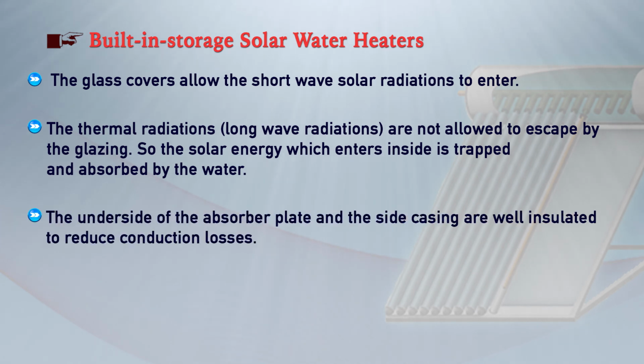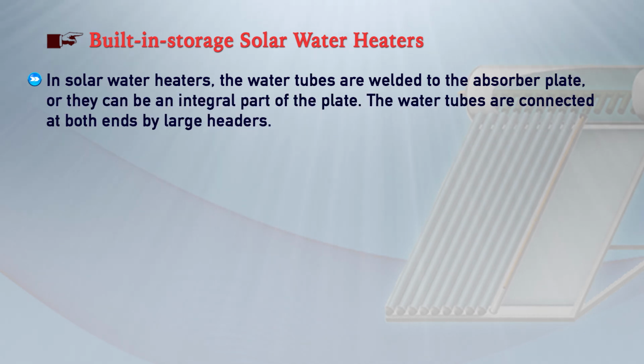The underside of the absorber plate and the side casing are well insulated to reduce conduction losses. In solar water heater, the water tubes are welded to the absorber plate, or they can be an integral part of the plate. The water tubes are connected at both ends by the large header.